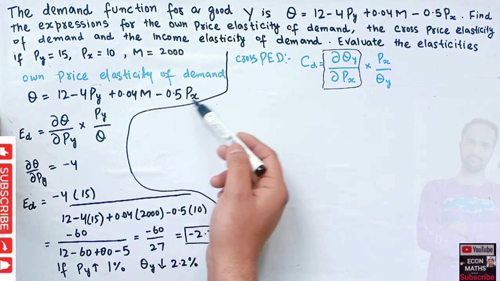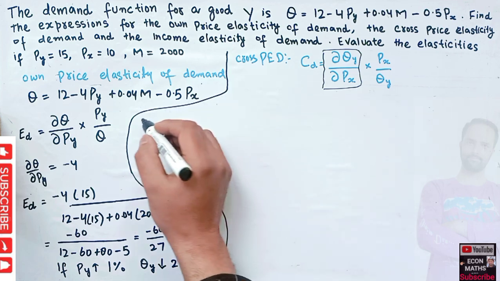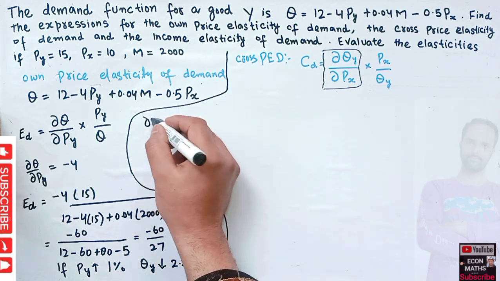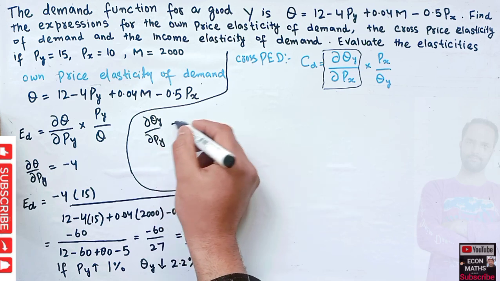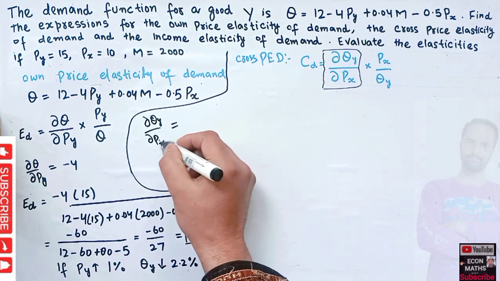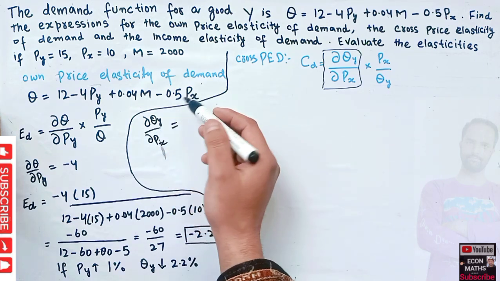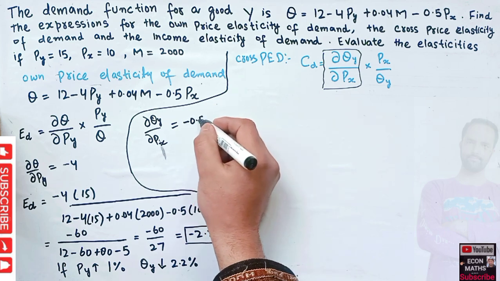In the last term we have Px involved. Let me write it here first. So dQy upon dPx will come out to be, so the derivative of Px is 1. We are left with minus 0.5.